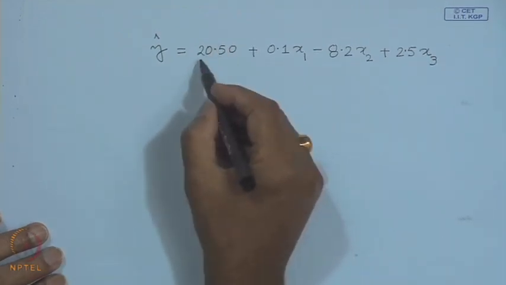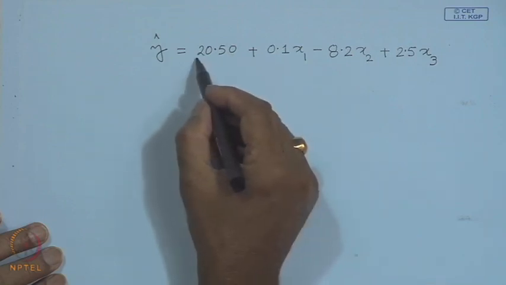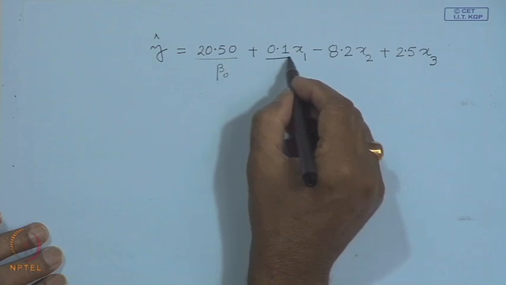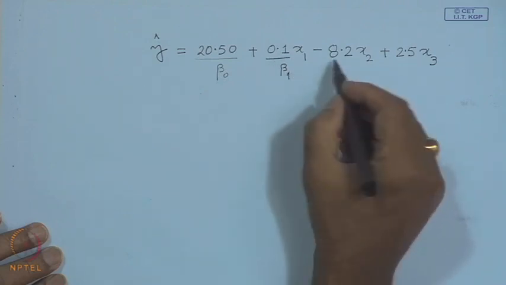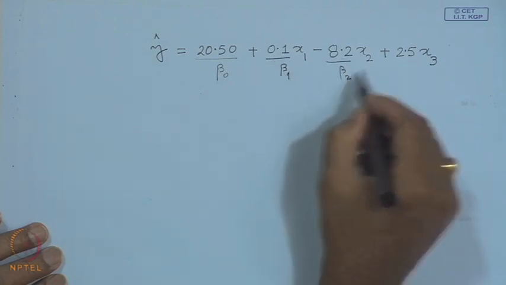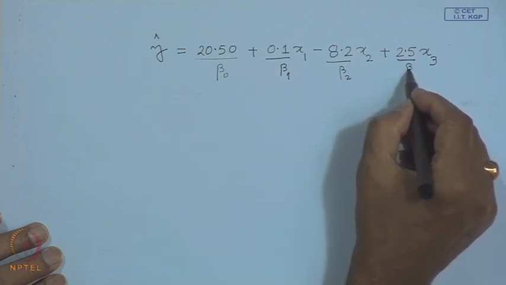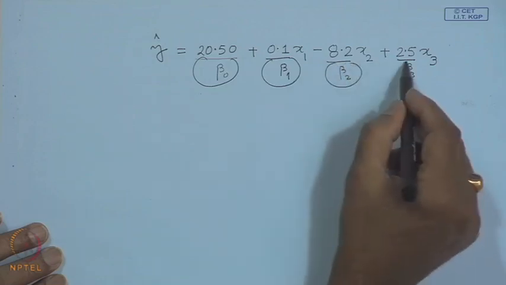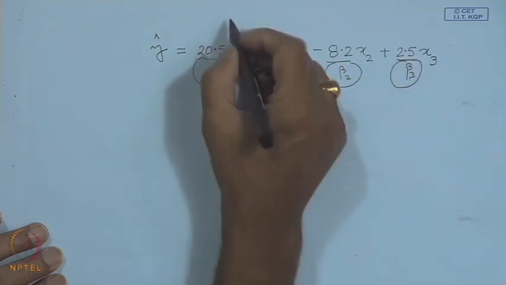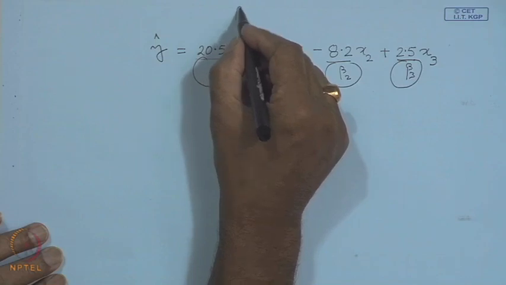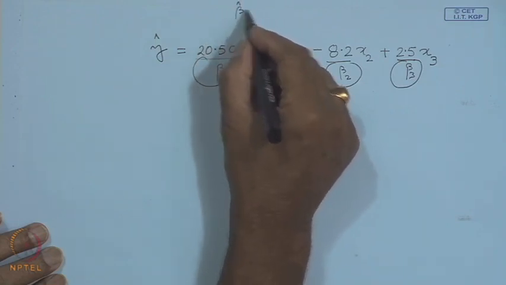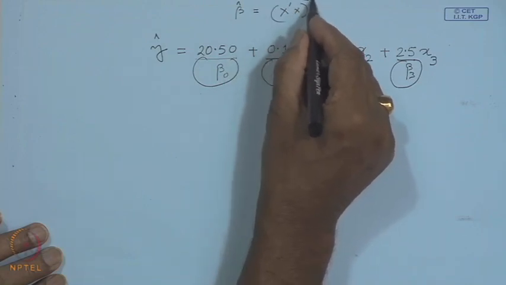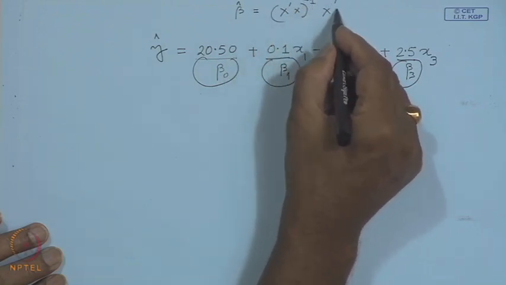Now, these are the estimated values. This is the estimated value of beta 0, this is the estimated value of beta 1, and the estimated values of beta 2 and beta 3. These are the estimated values that came out of our equation, beta estimate equals X transposed X inverse X transposed y.